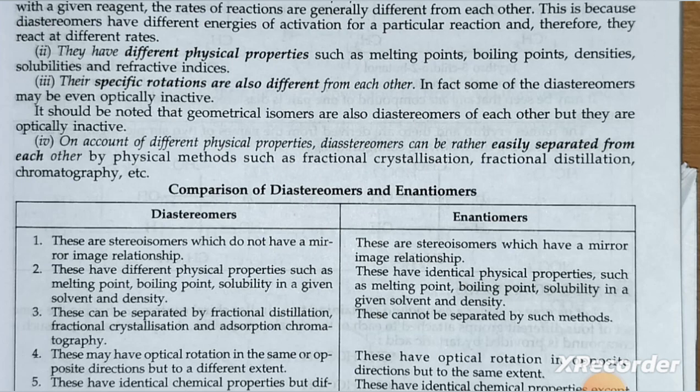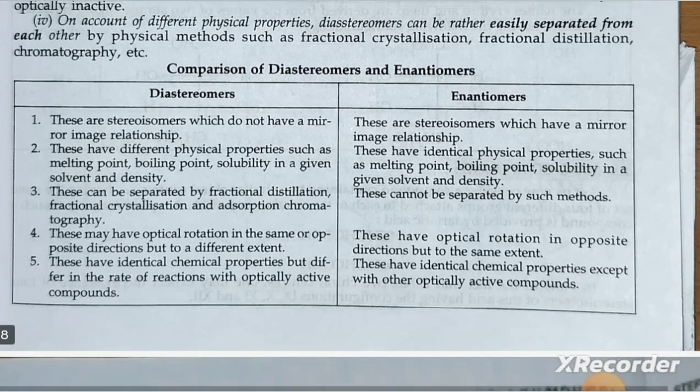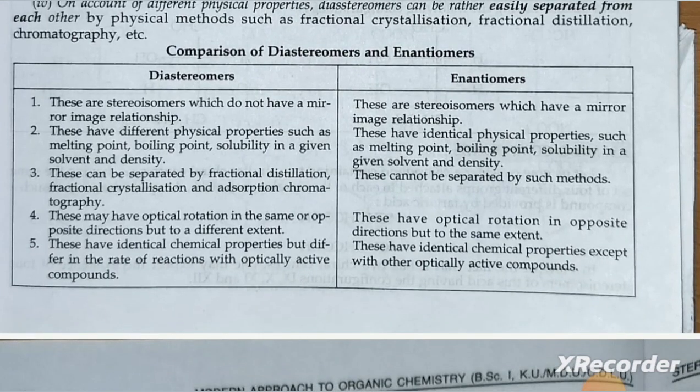Comparison of diastereomers and enantiomers. First, diastereomers are stereoisomers which do not have a mirror image relationship, whereas enantiomers are stereoisomers which have a mirror image relationship.